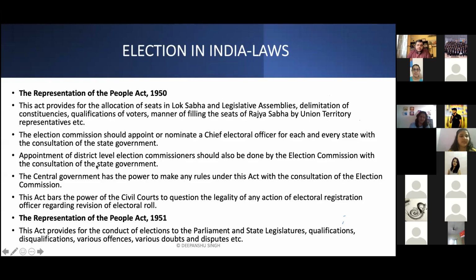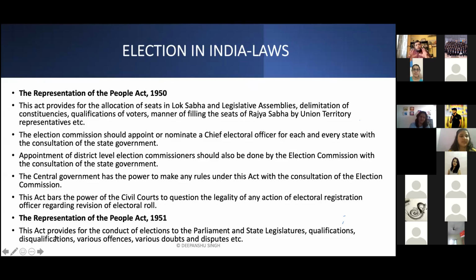So it gave the basic idea about elections. But there was no mention or provision about how, in case of any discrepancy, electoral issues should come into the picture, or how issues regarding disqualification and offenses should be dealt with. So for that, the RPA Act of 1951 was enacted.